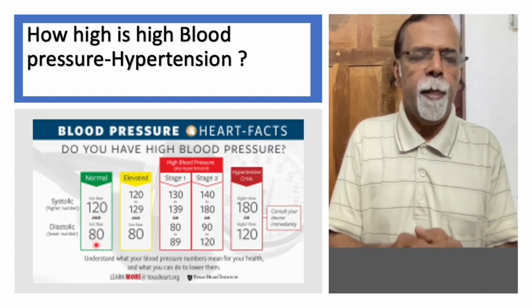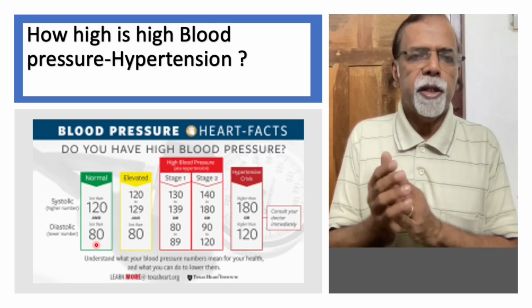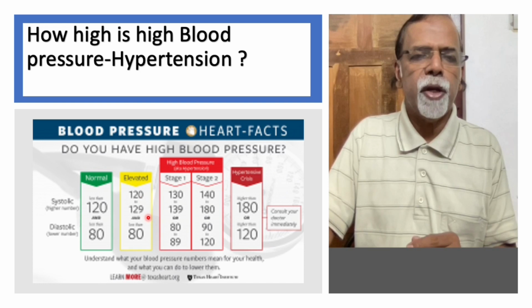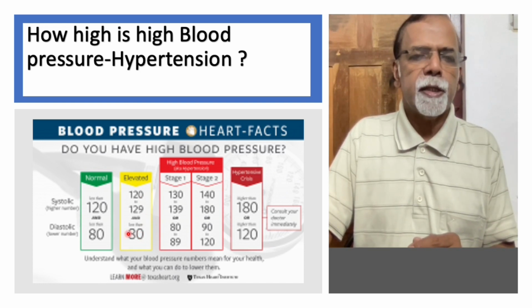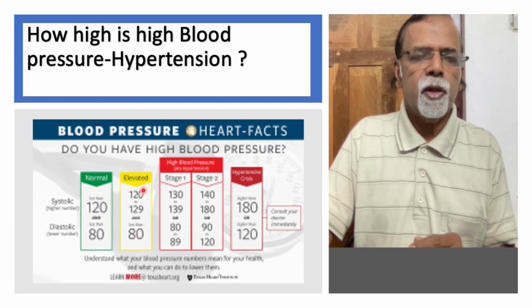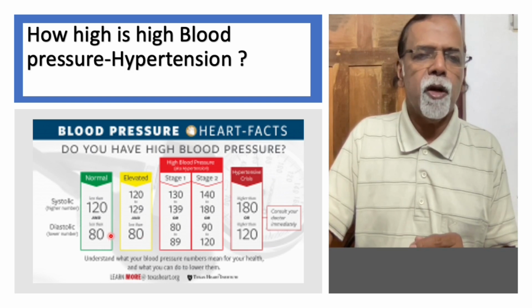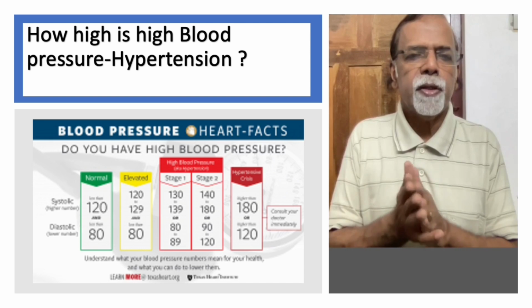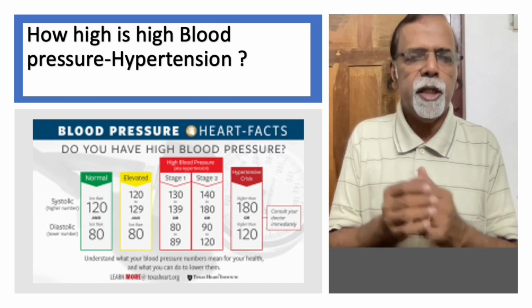This is normal BP. The next step is elevated BP. Elevated BP is systolic between 120 to 129 and diastolic less than 80. So systolic BP has increased, but the diastolic remains normal. That is called elevated BP. The next level is called stage 1 hypertension. So what is stage 1 hypertension?